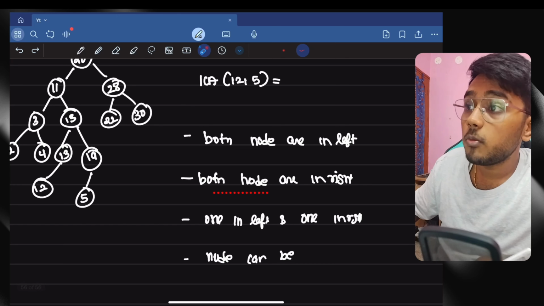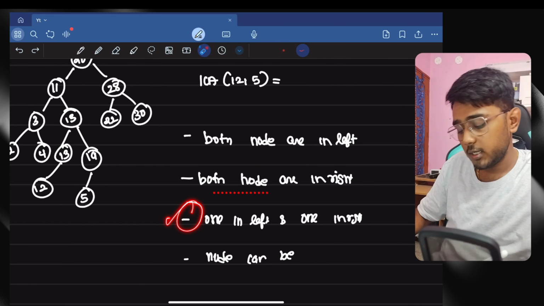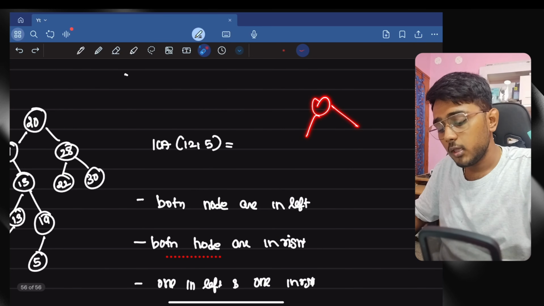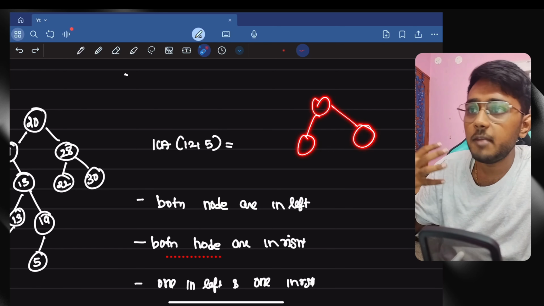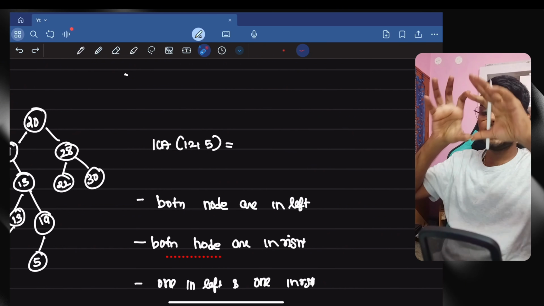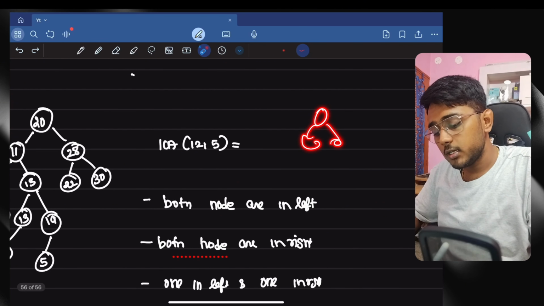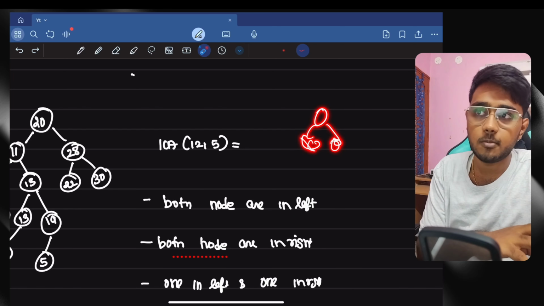Now let me talk about this particular base case, guys, because it is very easy to understand, which tells that one node can be in the left and one node can be in the right. If it is such a case, tell me which is the lowest common ancestor. This node. Am I right? Because it's just dividing them. If it divides like this, which would be the last intersection point or the first intersection point?